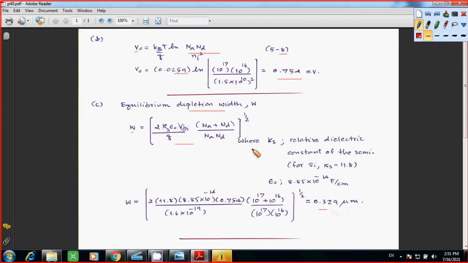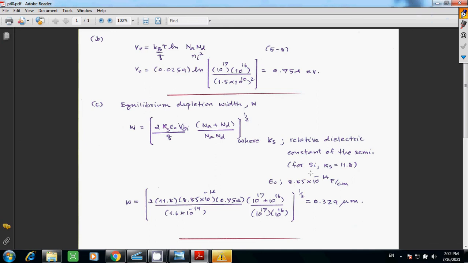This is a straightforward calculation. You just need your Ks, the relative dielectric constant of the semiconductor. For silicon, Ks is equal to 11.8. You need this number for the calculation. For germanium or another type of semiconductor material, the Ks is going to be different.